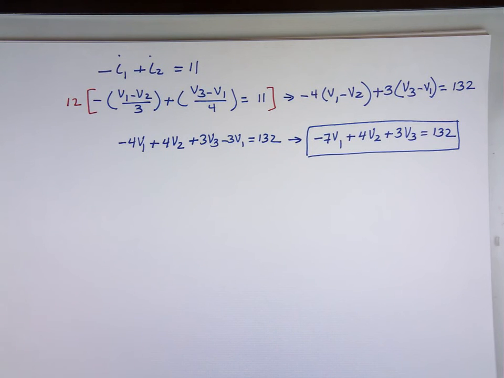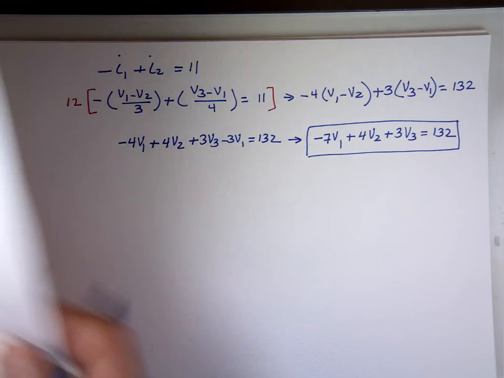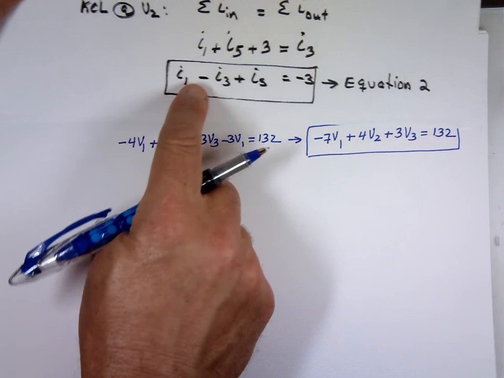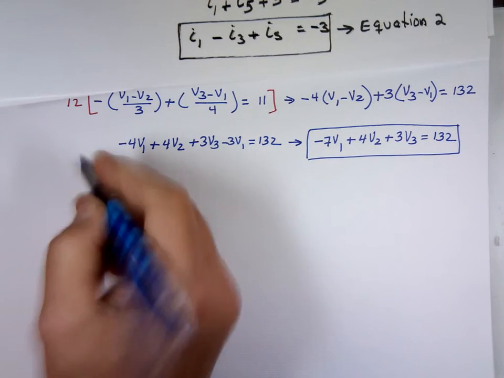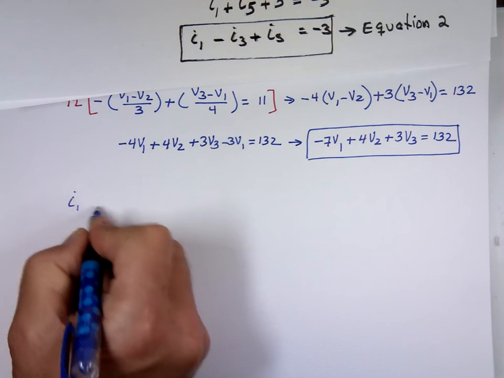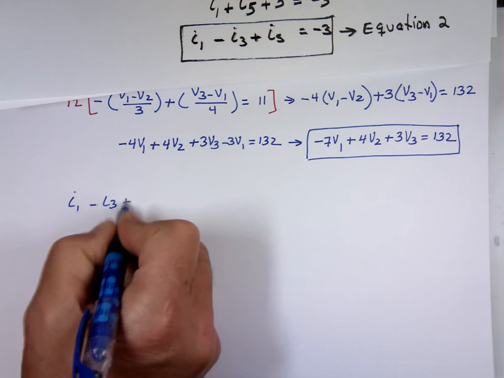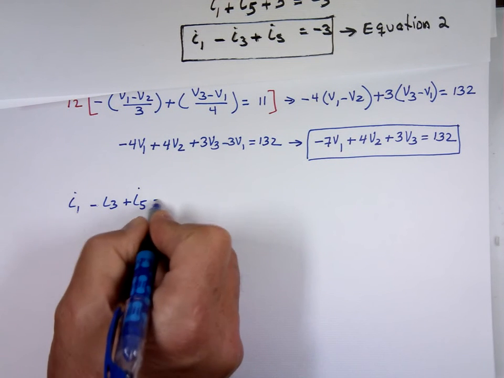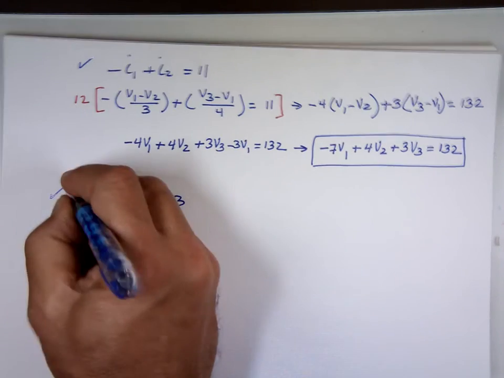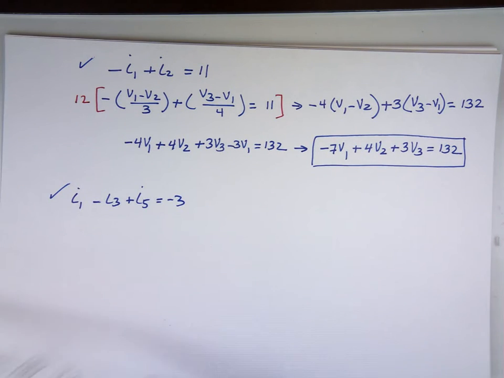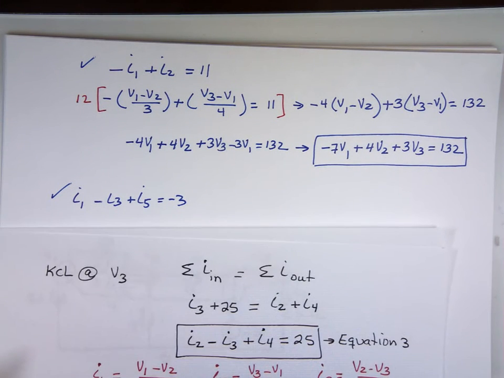Now let's take equation 2. That's this one. I sub 1 minus I sub 3 plus I sub 5 equals negative 3. And replace everything. So that's one of them. That's the second one. Let's replace each current by the value of the voltage, V1 minus V2 over 3.